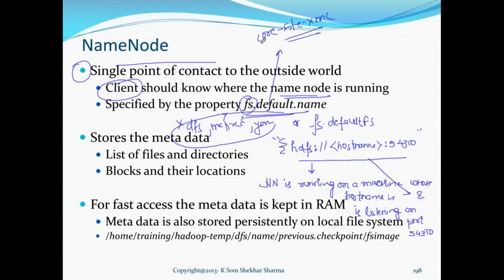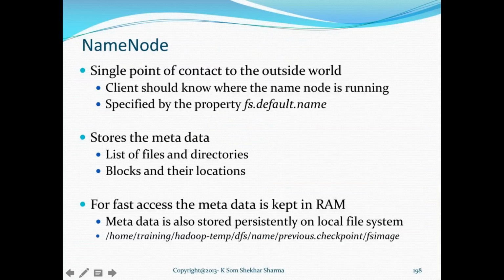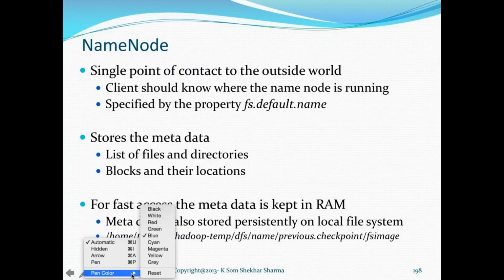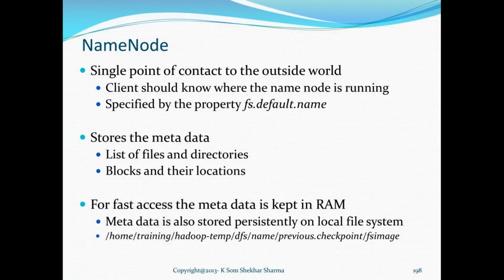I already explained this in my previous modules, so you should be comfortable understanding which property belongs to which file. Now, what does the name node do? The name node stores the metadata. Metadata means data about data.